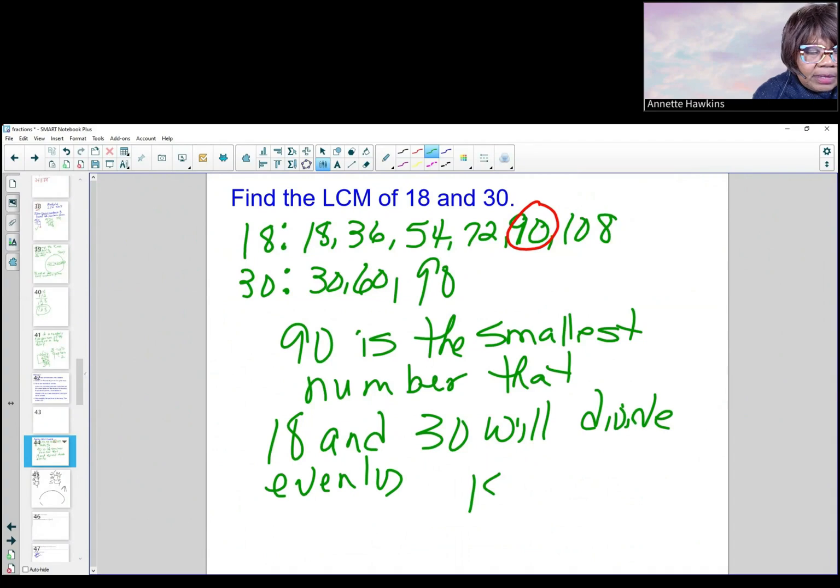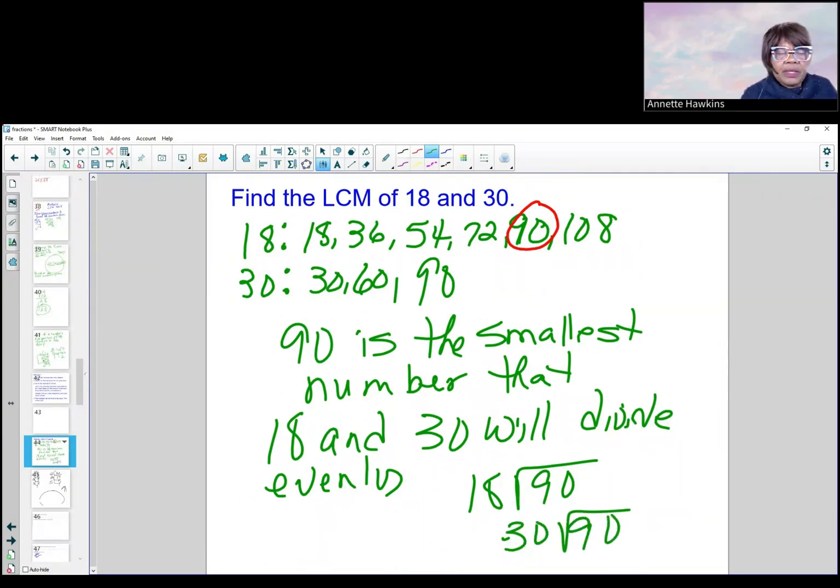So 18 into 90, and then 30 into 90. Okay, so this is going to be 5, and this is going to be 3. So 90 is the LCM.